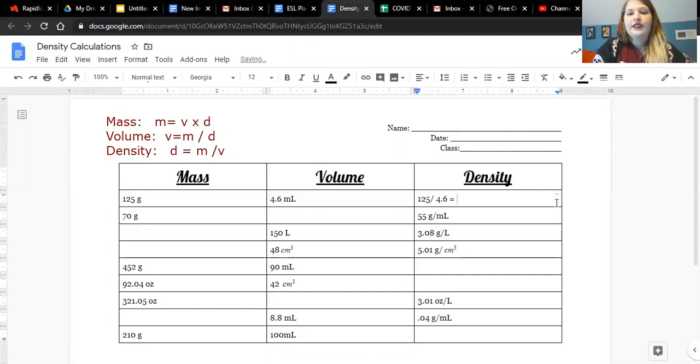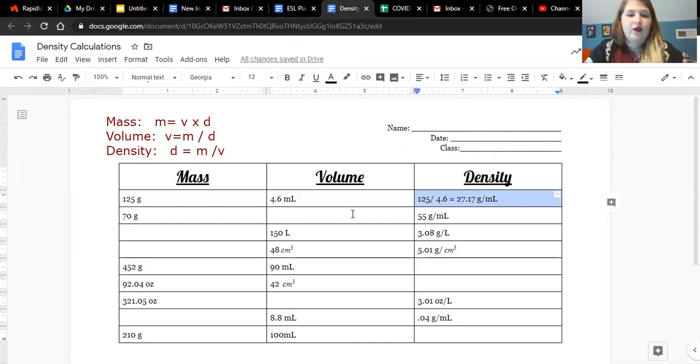And what am I going to get if I divide those two numbers? 125 divided by 4.6, I get 27.17, and I don't need to round, so 27.17. Don't forget your variables, g divided by milliliters. And I am all done. It is that simple. It does not have to be super complicated.